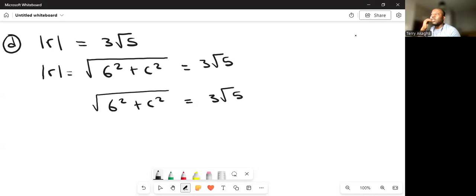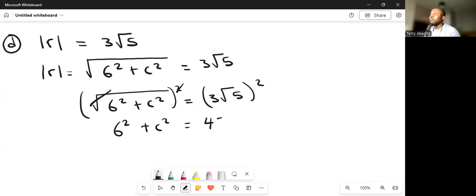So we need to get rid of this square root. So we're going to take the square of both sides. So this will cancel that. So we're going to have 6 squared plus C squared is going to be 3 root 5 squared, which will give you 45 because 9 times 5 will give you 45.